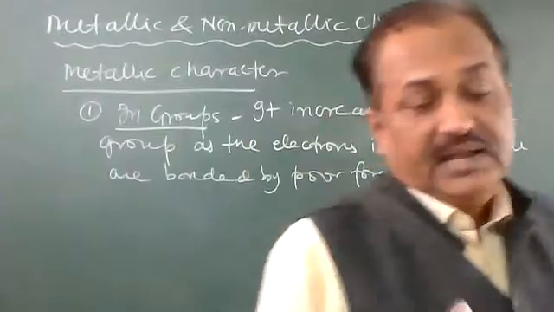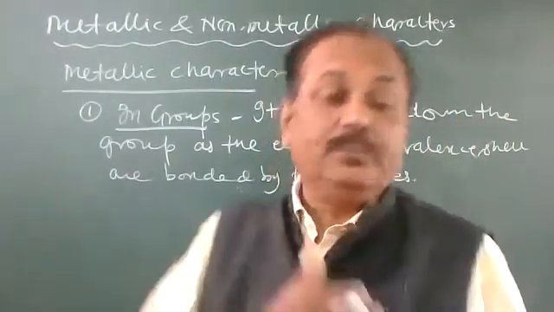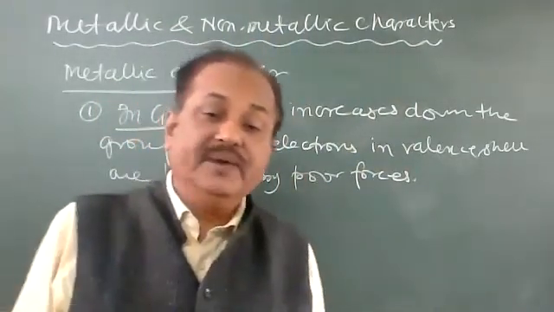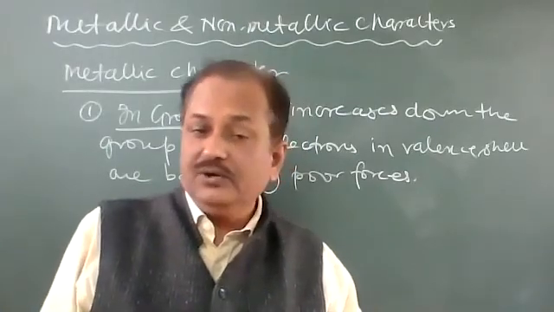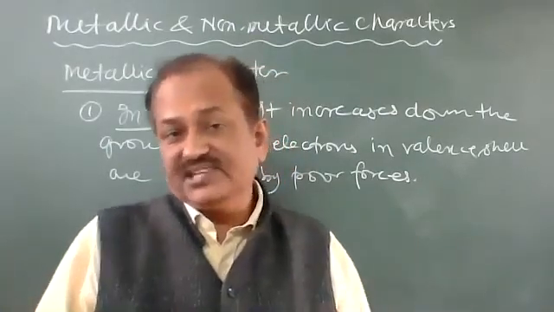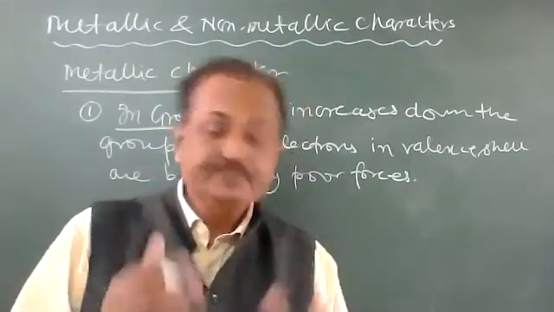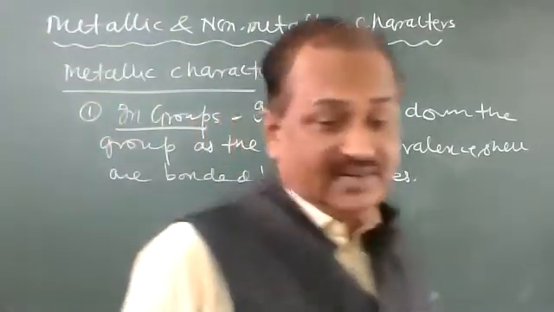What are metals? Metals are electropositive in nature. Why electropositive? Because electrons are bonded by a poor force of attraction, and so electrons are lost easily. Electropositive nature means the tendency to lose electrons. Why do metals lose electrons easily?